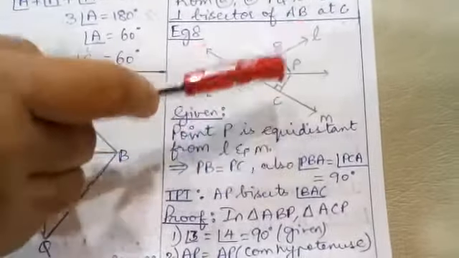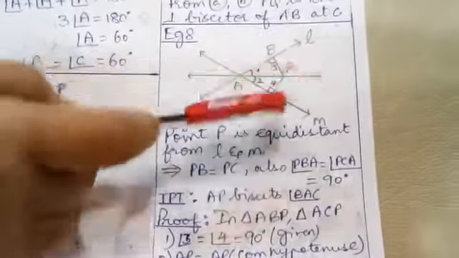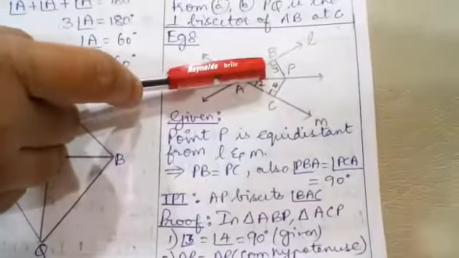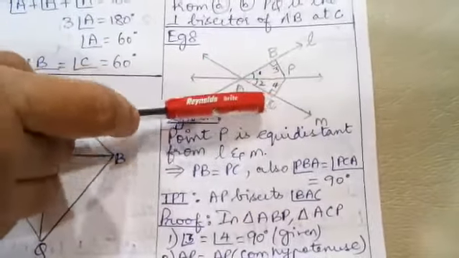I repeat, distance in mathematics is always the perpendicular distance. That is why angle 3 is 90 degrees and angle 4 is also 90 degrees.